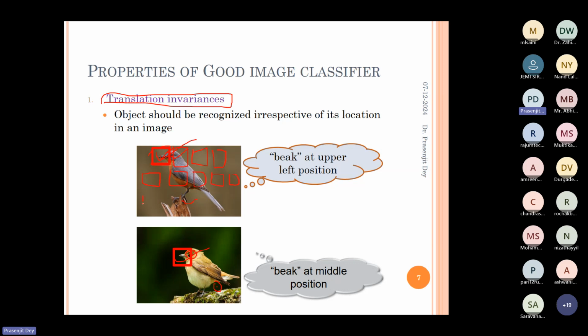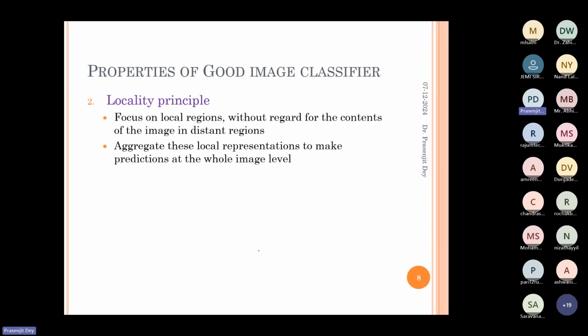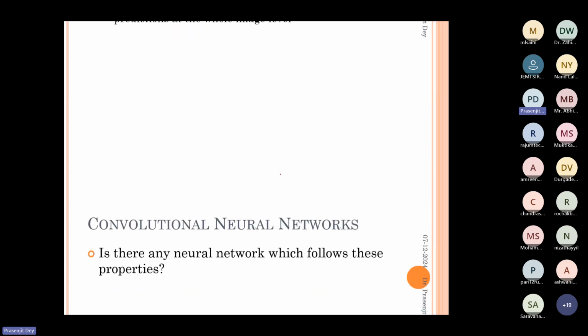So at a time you consider a particular local region to find the feature and not the whole image. That is the locality principle. At a time, look at a particular portion of the image and try to find the feature. So these are the main principles of a convolutional neural network.